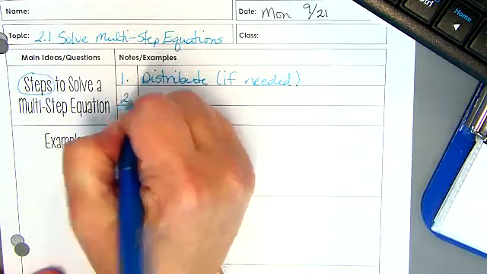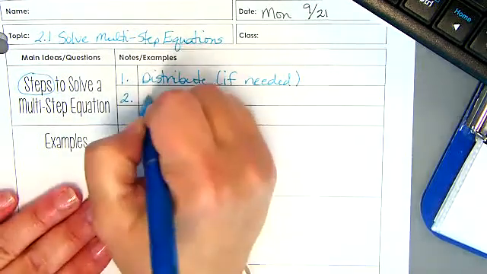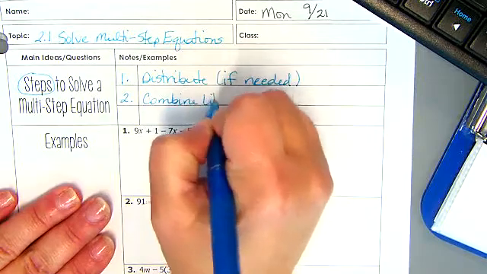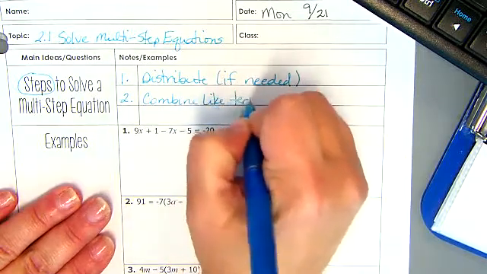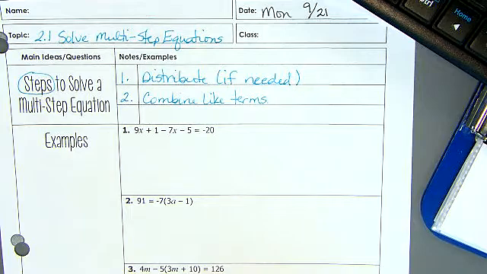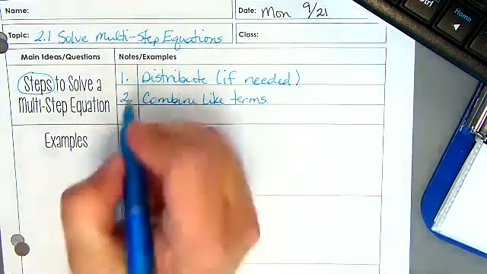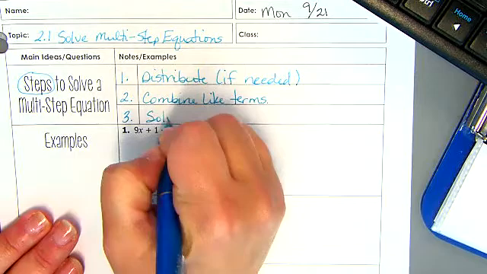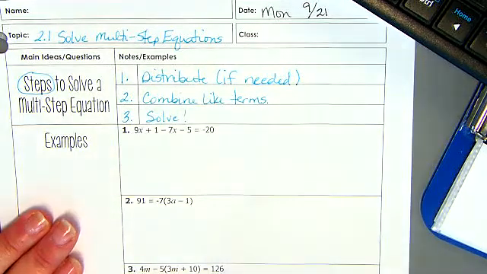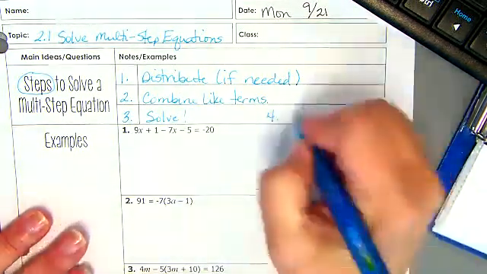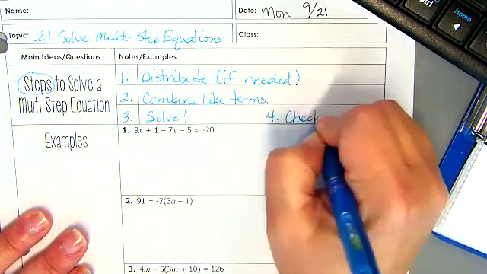Step 2 is to combine like terms by using either boxing or circling the like terms. And number 3 is to solve the equation. Now I'm adding a number 4, but this is optional. This is your choice, and that is going to be to check.